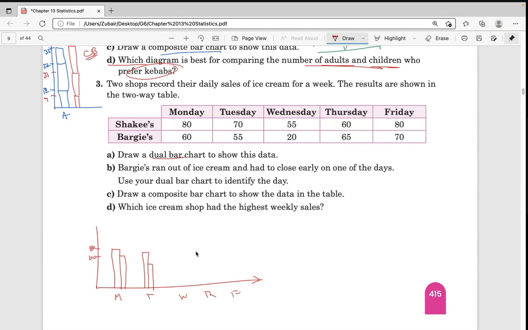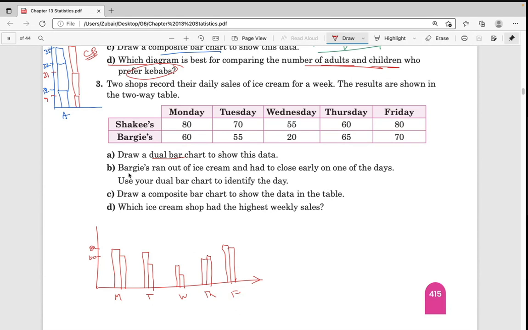Then we have 55 in comparison with 20. On Thursday, it is 60 compared to 65. That is going out of scale. Just equal to 80, so 65 should be slightly above. Then on Friday, first block is 80 and second is 70.